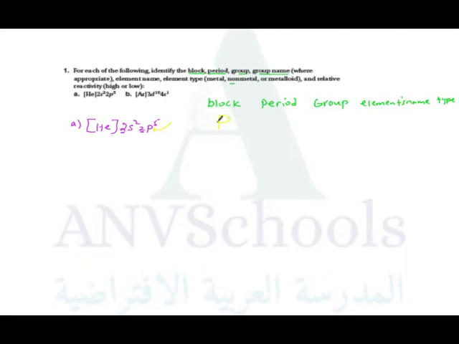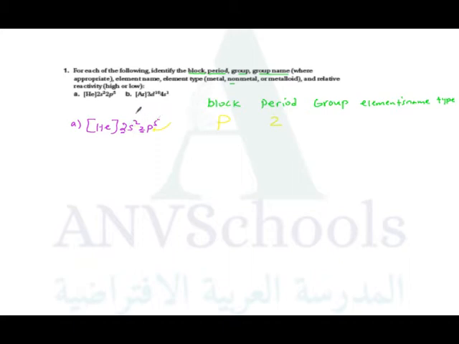And to know the period, we look at the outermost shell. The second shell here is the outermost shell, so it is period 2. Group is simply adding the electrons in the outermost shell, the s and p.